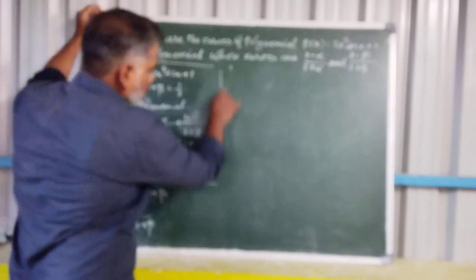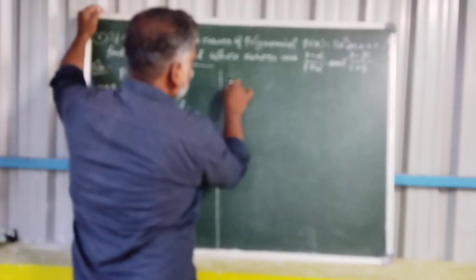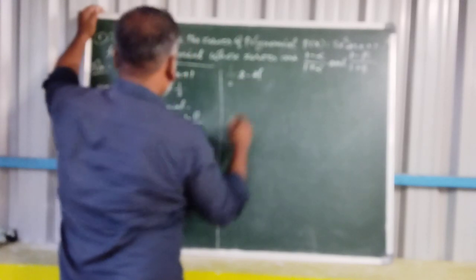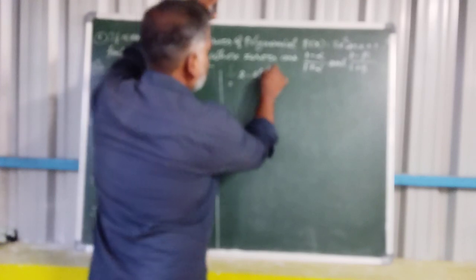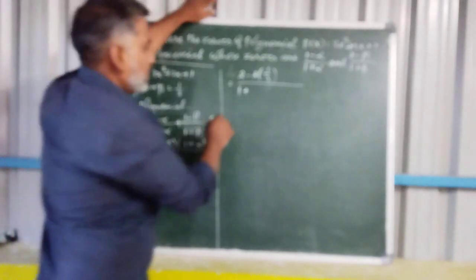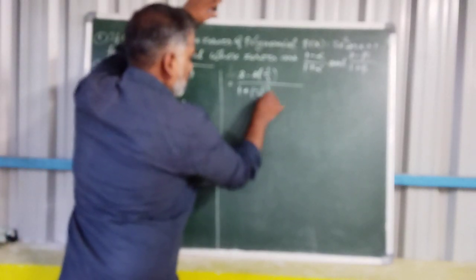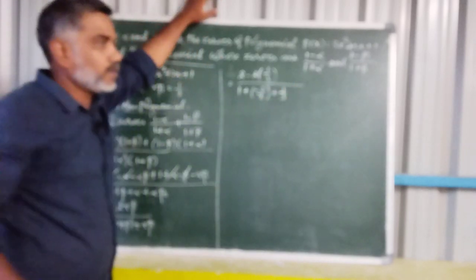So, now you just substitute the values, which equals 2 minus 2 into what is alpha beta? 1 by 3, divided by 1 plus what is alpha plus beta? Minus 2 by 3, and plus alpha beta is 1 by 3. Now, you have to simplify it. Clear? Good.